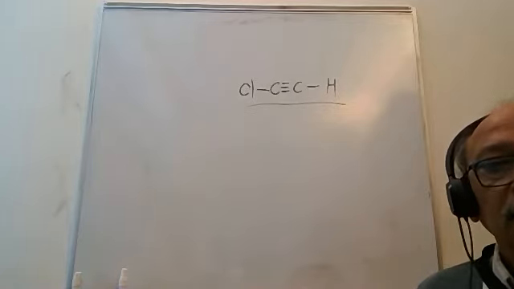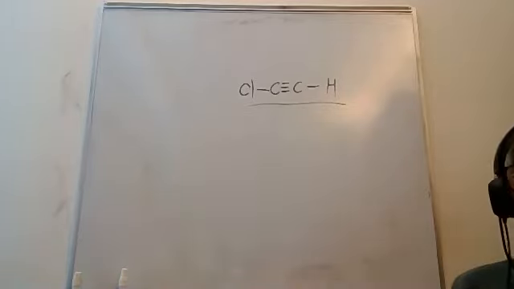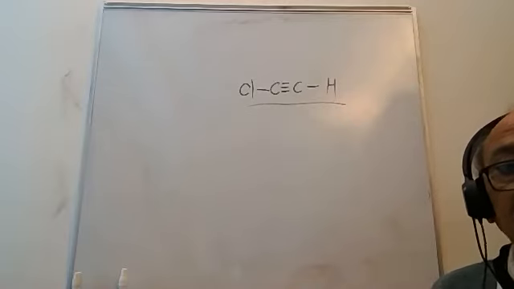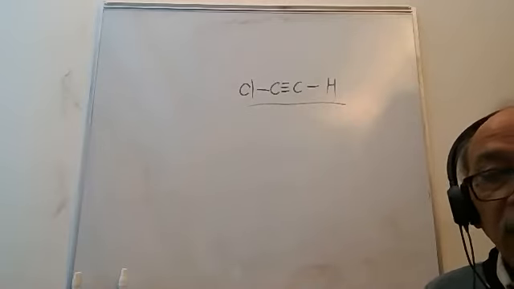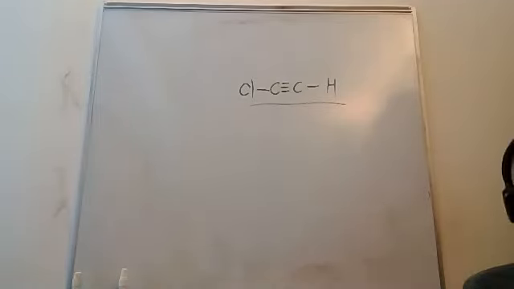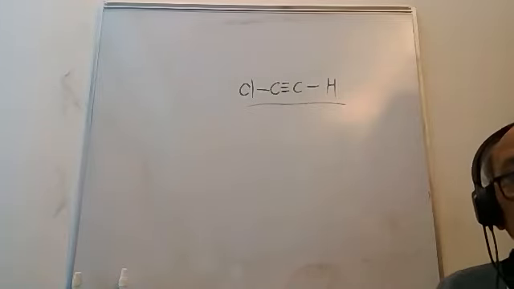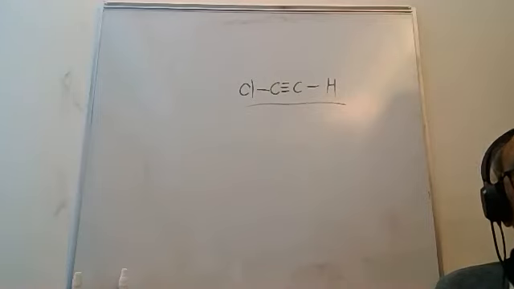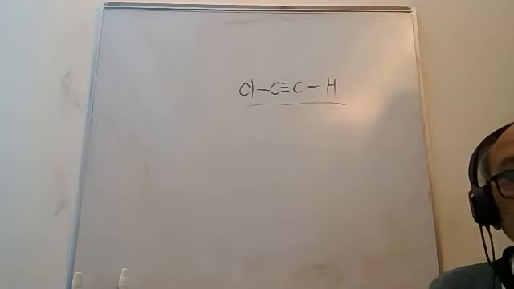Can you repeat the question? What's the point group of this molecule? Before that, we need to know the molecular geometry of this, or the shape of this molecule. By looking at it, what should be the shape? Linear.